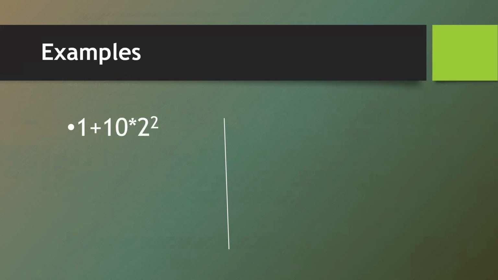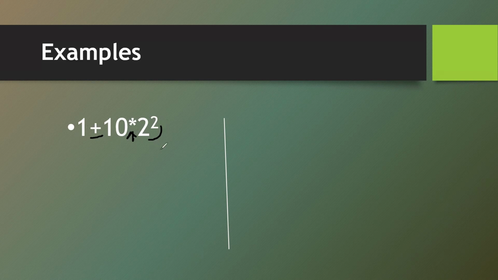Here in this expression, we have the power, we have multiplication, and we have addition. If we start in order, we should do the addition and then the multiplication and then the power. But this is not the case. Excel follows a certain priority rule.